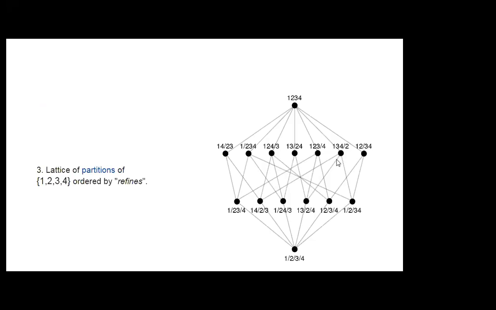Then the third is partitions of 1, 2, 3, 4 ordered by refinement. Okay, what will be there? You can see. Yes, 1, 2, 3, 4 is given. Here we can start from here. 1, 2, 3, 4 distinct elements are given.